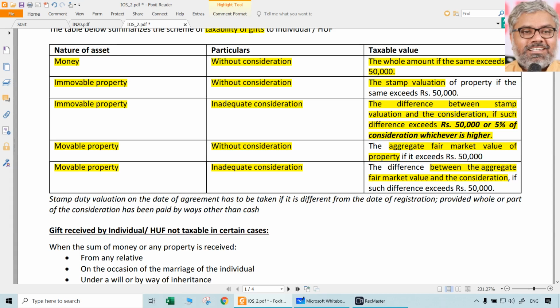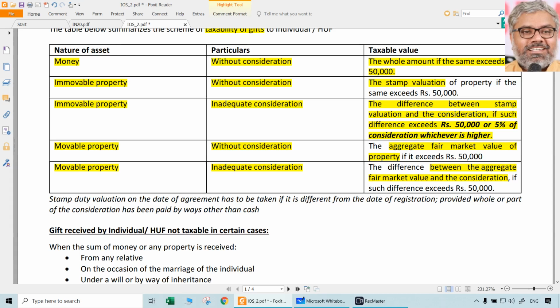Don't check that 5% here. That was only for immovable property, when there is a stamp duty valuation. There, if the inadequacy exceeds the higher of 50,000 or 5% of consideration, then only that was taxable. So this 5% of consideration check is only applicable to immovable property but not to movable property.